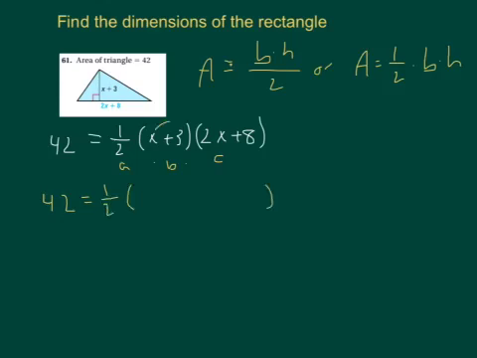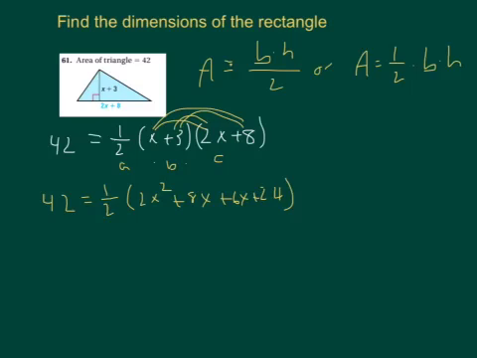of parentheses. X times 2x is 2x squared, x times 8 is plus 8x, 3 times 2x is plus 6x, and 3 times 8 is plus 24. We're running out of room here, so plus 24. Okay.